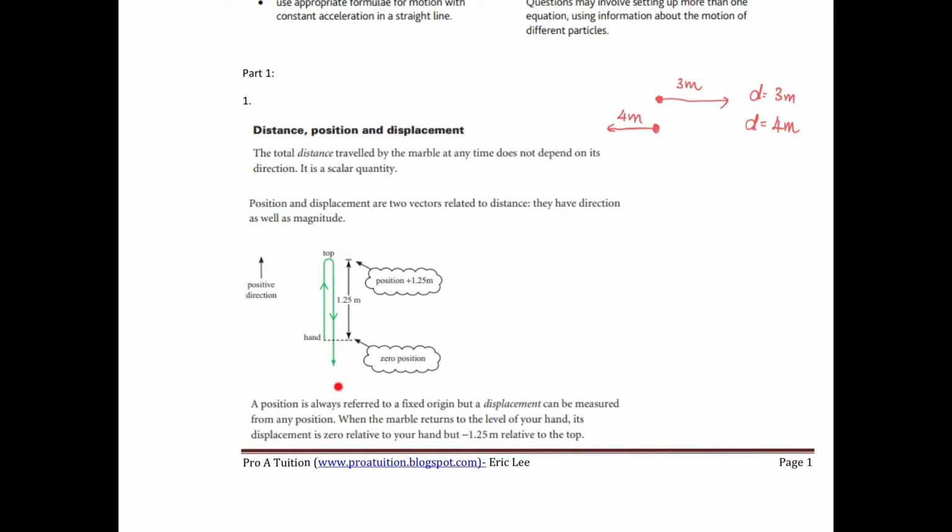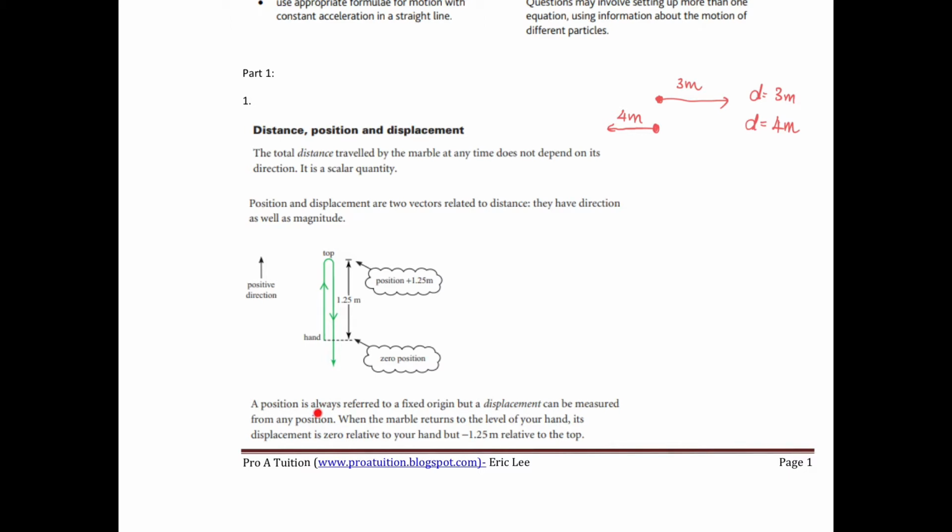Now let's see the idea here. It's written over here: a position is always referred to a fixed origin. So the fixed origin is here, your hand. But a displacement can be measured from any position. That's the difference between position and displacement.